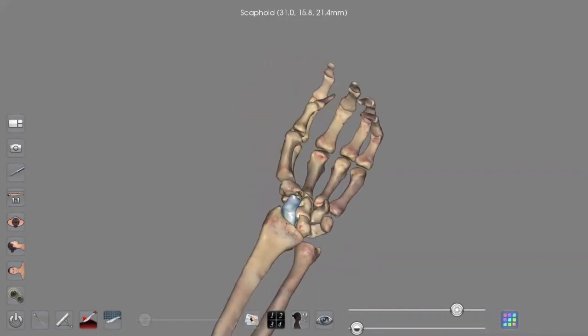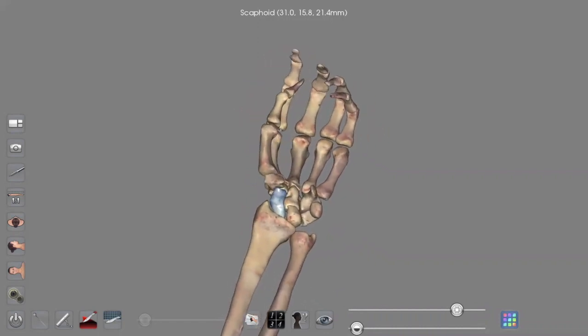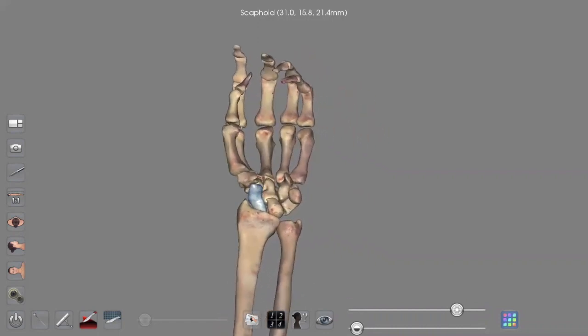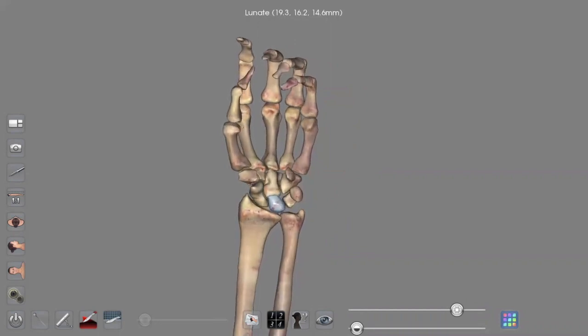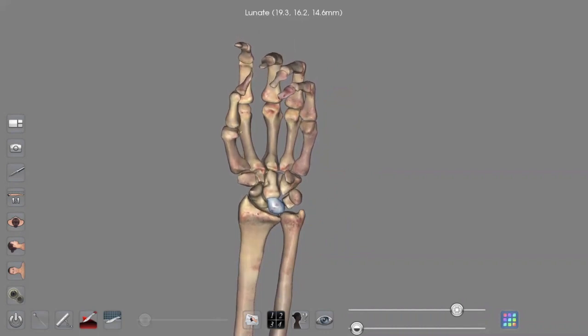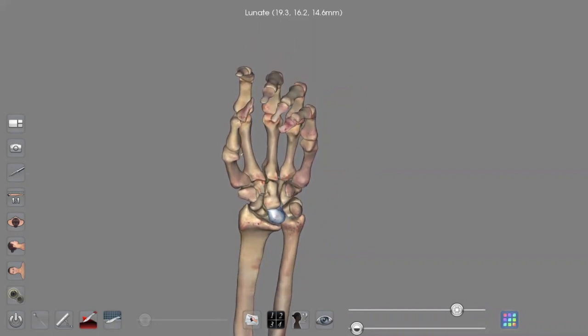Moving medially from the scaphoid, we have the central bone of the proximal row of carpals, which is the lunate. Luna in Latin means moon, so this is slightly moon-shaped. It's also broader anteriorly than it is posteriorly.